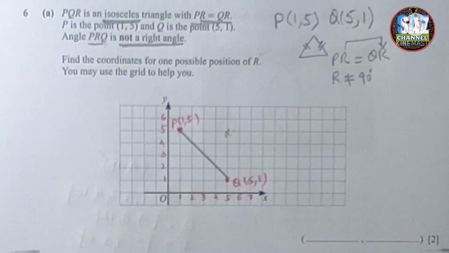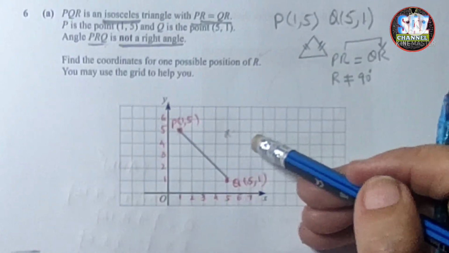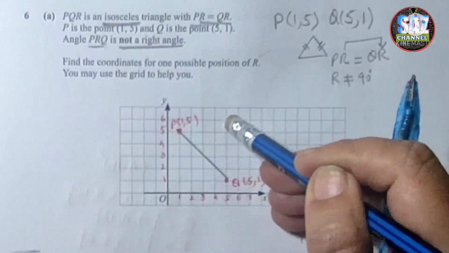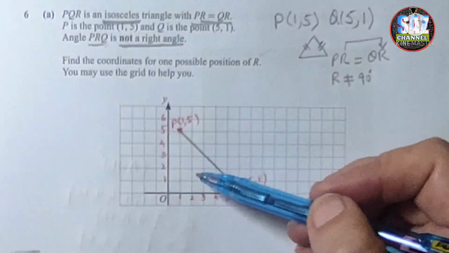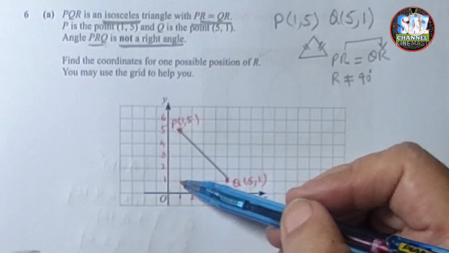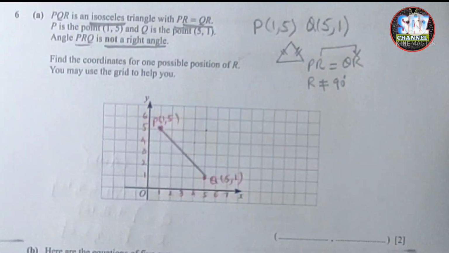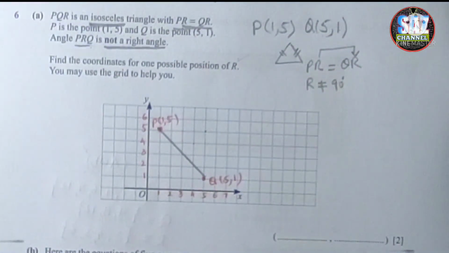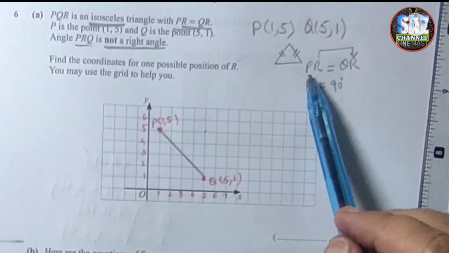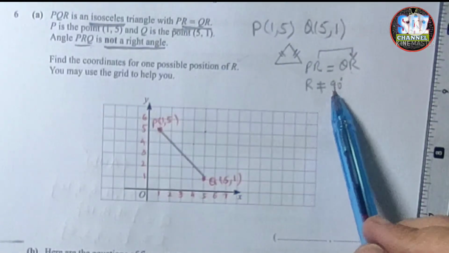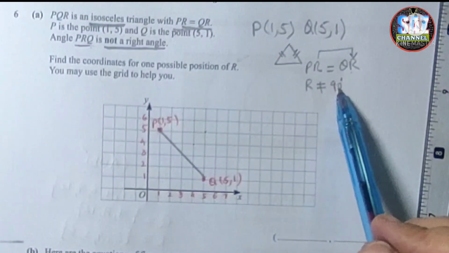The question has asked that point R should not be at such a place which will make a 90-degree angle. So I have to think about another possibility: how can I keep point R in such a way that I get an isosceles triangle? Let's think about another possibility, where the PR side has to be equal to the QR side, and vertex R should not be at such a position where it makes a 90-degree angle.